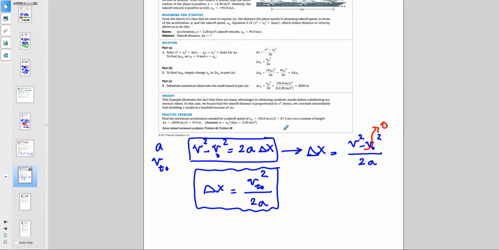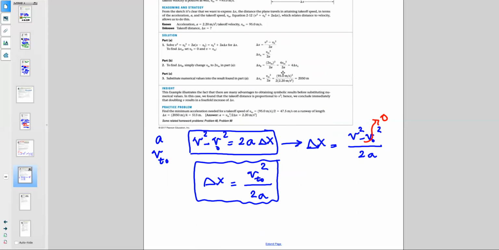Okay, meaning that I have the same formula but my takeoff speed is doubled.